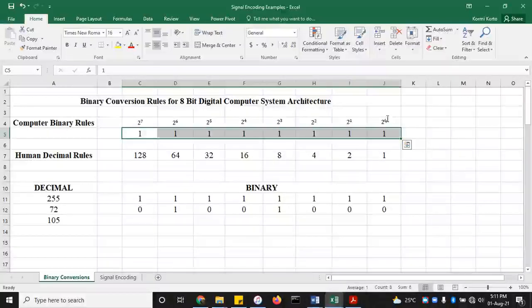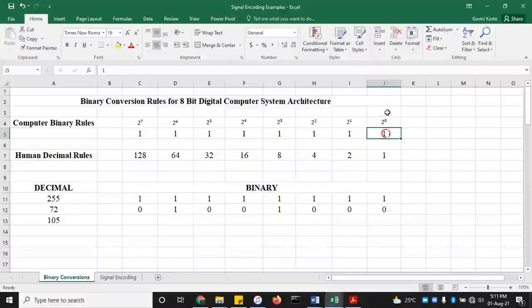So 2 raised to the power 0, if it's an on state. If the first bit is an on state, and it's 2 raised to the power 0, then it has to be 1. If the second bit is also on, then it's 2 raised to the power 1, which is 2 in decimal, and so forth. So 2 raised to the power 5 would be 32 if that bit, which in this case could be a 6-bit sequence, is in an on state.